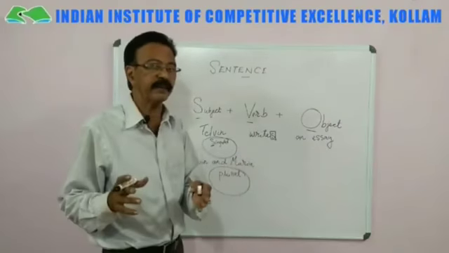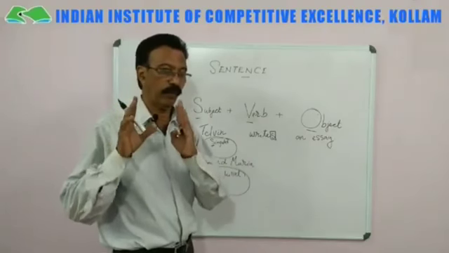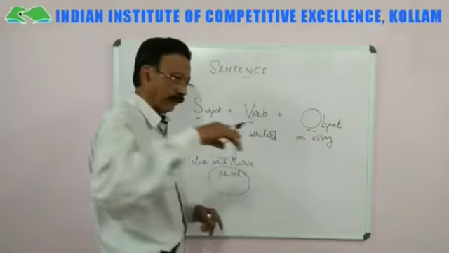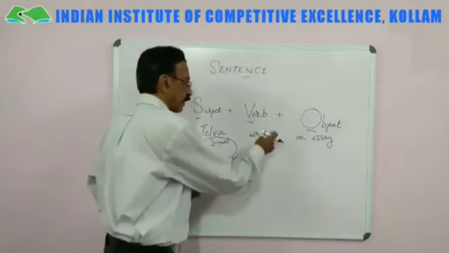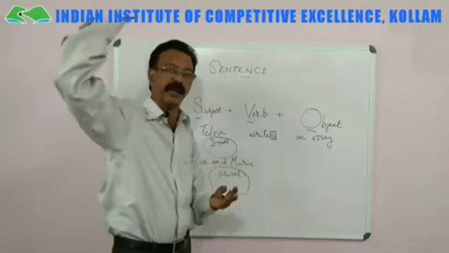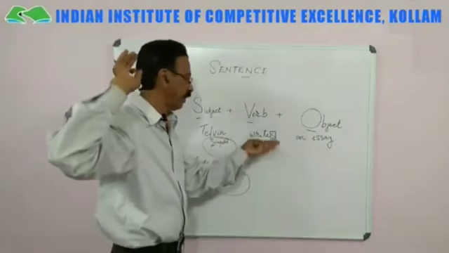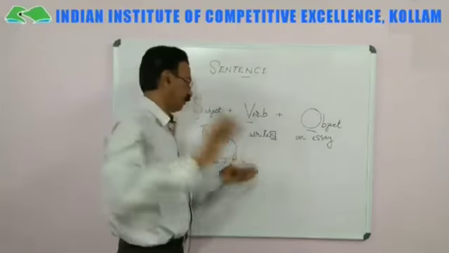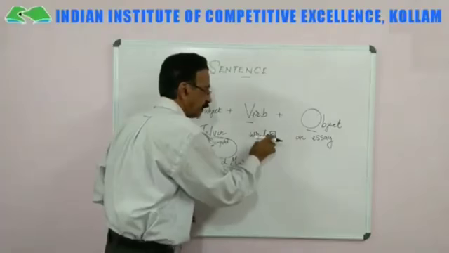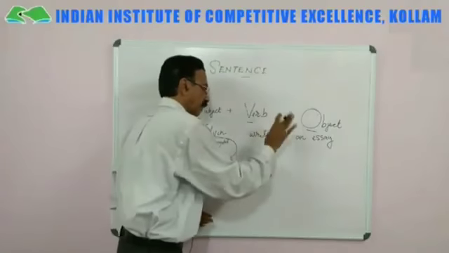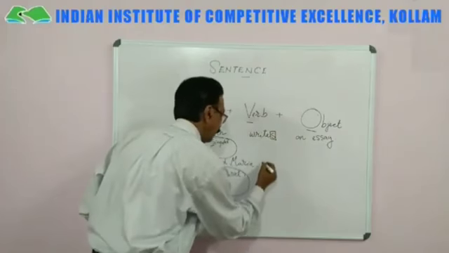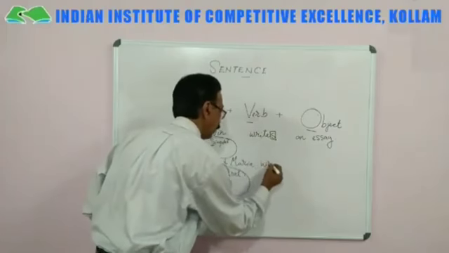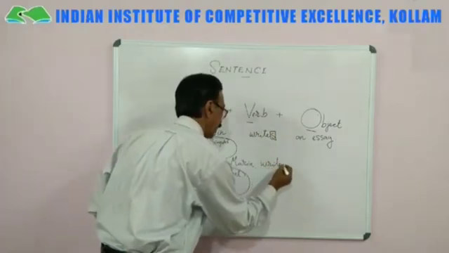So we need a plural verb. To make a plural verb from a singular verb, just cut the s or es or ies from the singular verb. Here I take away, cut, remove the s, then it is write.